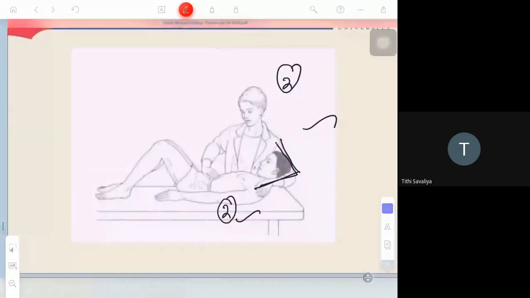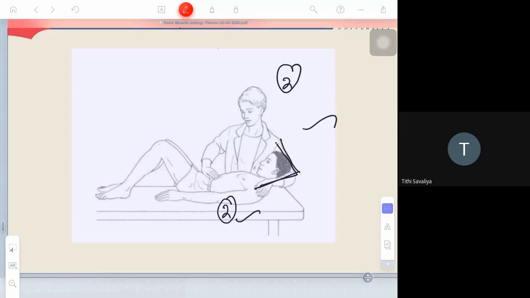Clear? If he is lifting, again it is 2. If he is clearing, it is 2. If he is not clearing, it is 1. You will palpate the muscle contraction. If you can feel the contraction, that is 1. And if you cannot palpate any contraction, then it is 0.